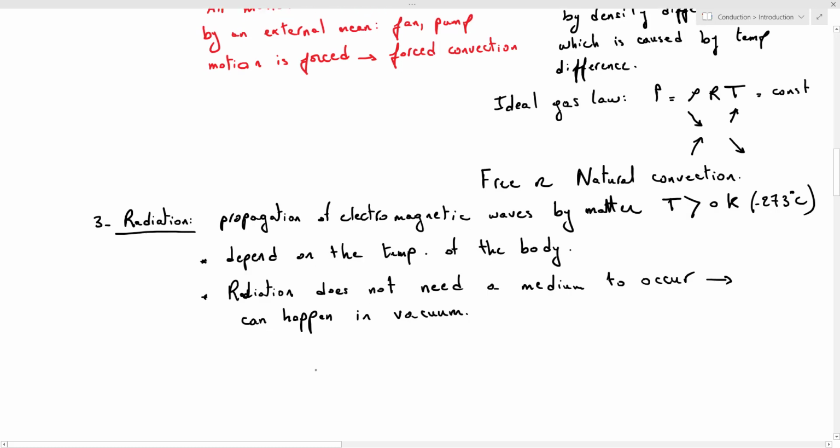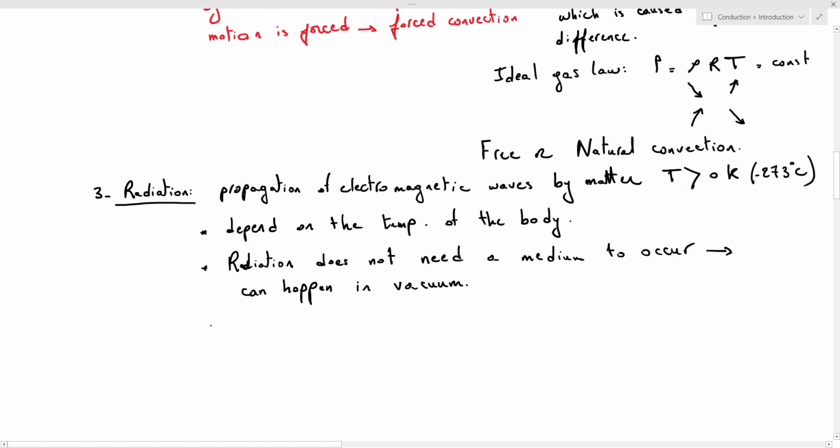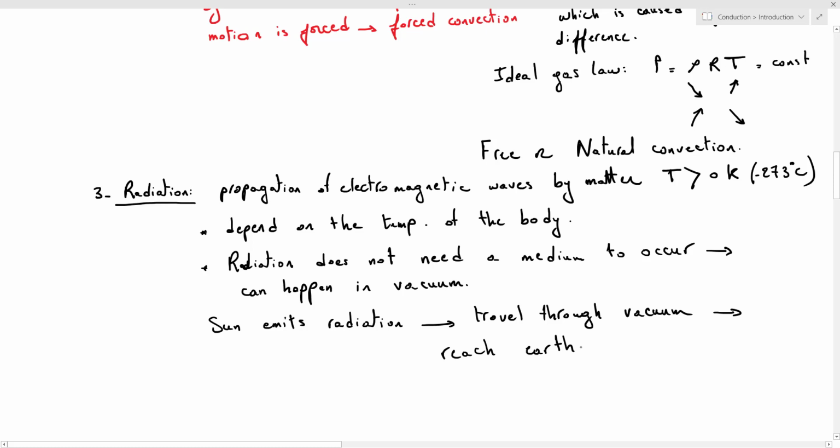So the most clear example is that the sun emits radiations, and the radiation will travel through vacuum in space, and then it will reach Earth. So this mode of heat transfer does not require a medium to occur, unlike conduction and convection.